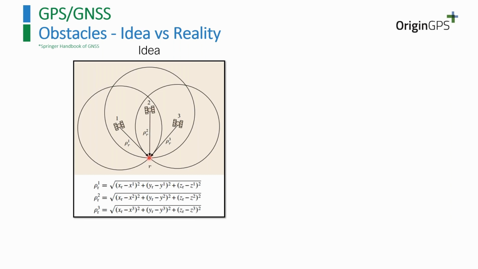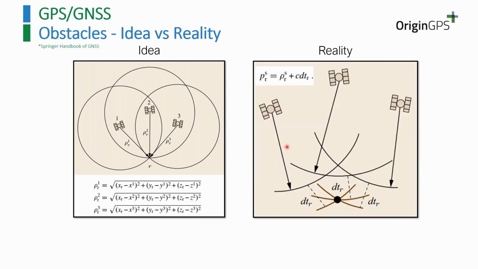It's another way to think about it. In reality, we have a lot of delays and effects, and then the calculation starts to be more complicated. And then we should get at least 4 satellites if we want to get a position.